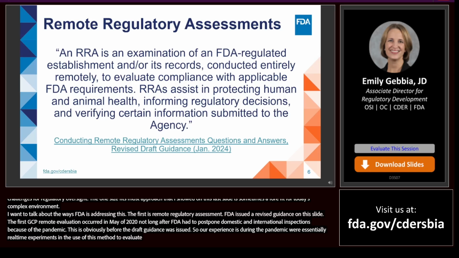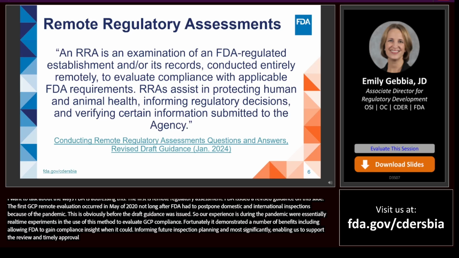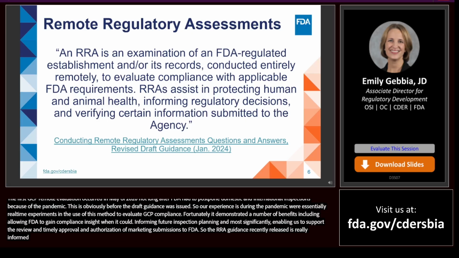And fortunately, it demonstrated a number of benefits, including allowing FDA to gain compliance insight when it couldn't inspect, informing future inspection planning, and most significantly, enabling us to support the review and timely approval and authorization of marketing submissions to FDA. The RRA guidance that was recently released is really informed by FDA's experiences during the pandemic.